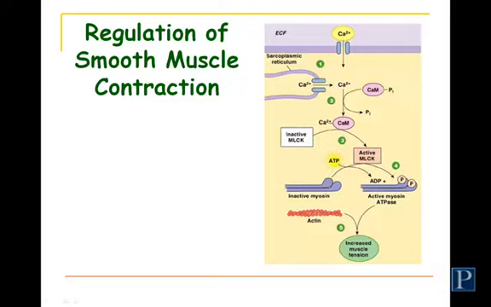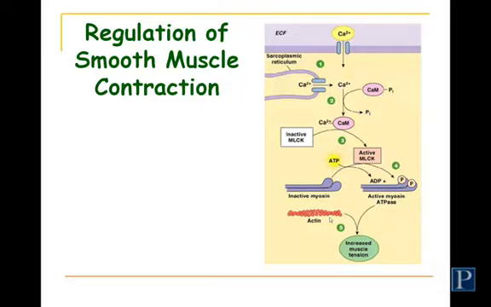It will use the phosphate from an ATP to phosphorylate myosin. When it's phosphorylated, it is now active. This may now bind to actin, and you will subsequently get your cross-bridge cycling, and you'll get your muscle tension.